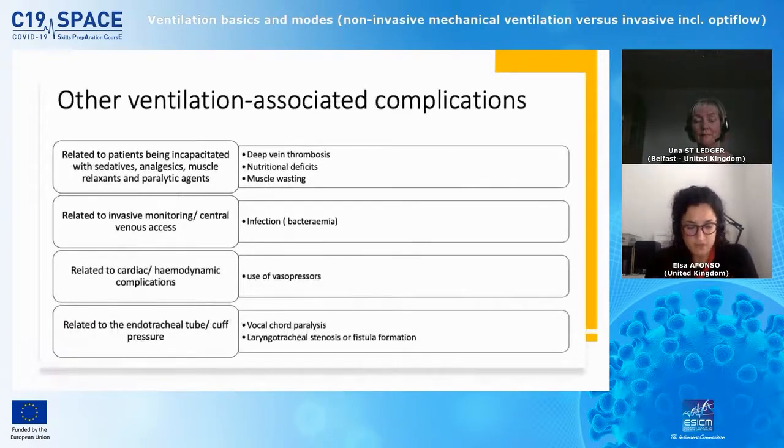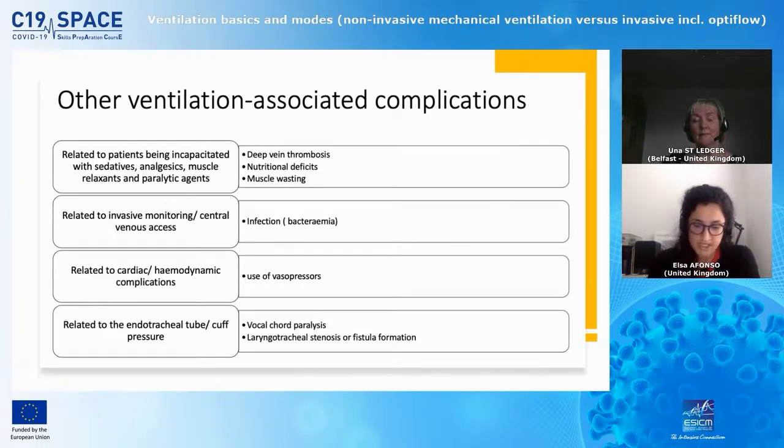Notwithstanding, the supportive treatment of ventilated patients can also lead to complications, even though these can be considered more generalized to all ICU patients. Your patient will be incapacitated with sedatives, analgesics, and paralytic agents and muscle relaxants, which will increase the risk of deep vein thrombosis, nutritional deficits, and muscle wasting, which can last for months after discharge.